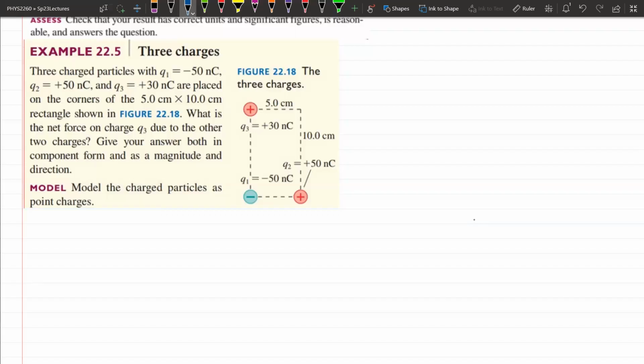Okay, this is charge 3. So which charges are applying forces on charge 3? Which numbers? 1 and 2, right? Those are the only 2 charges applying forces, okay?